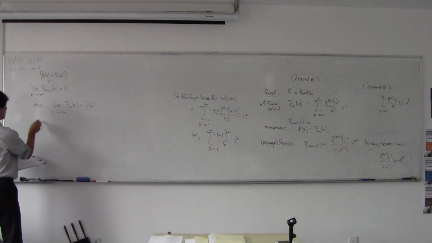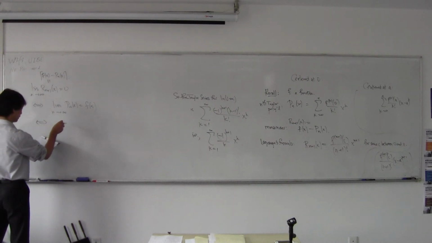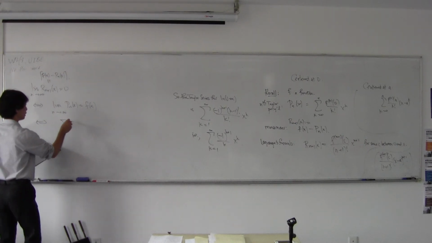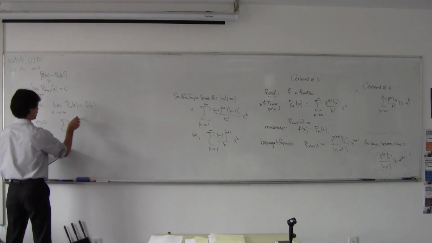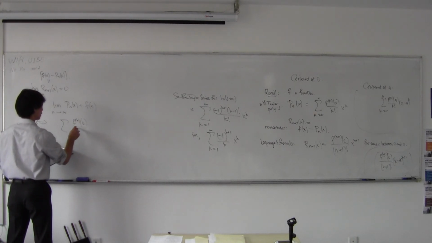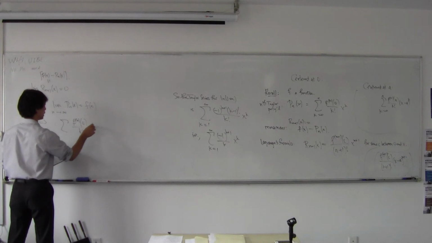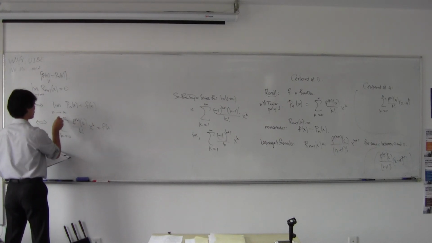That's the same thing as saying that the summation of f^(k)(0) over k factorial times x to the k equals f(x) when you sum from 0 to infinity.